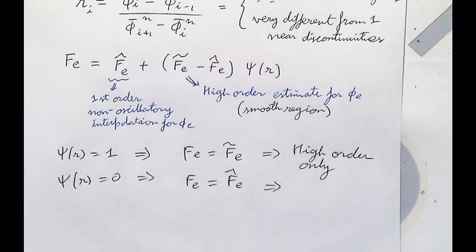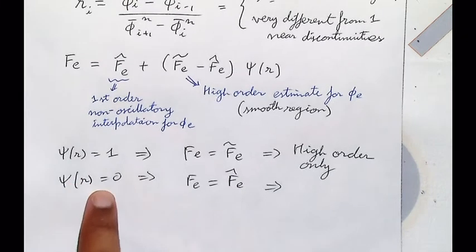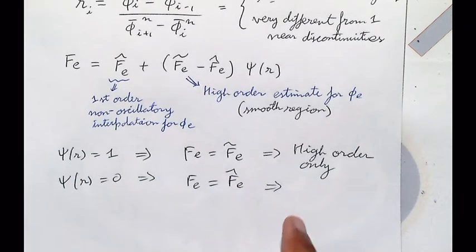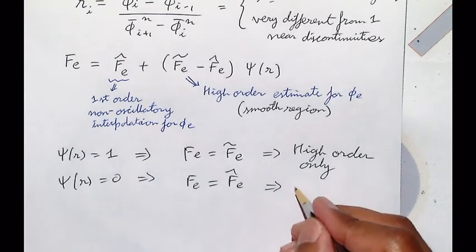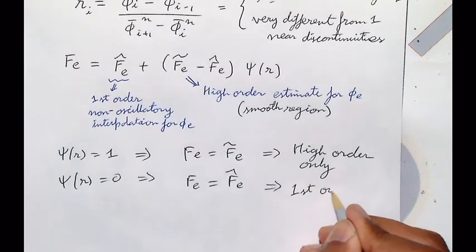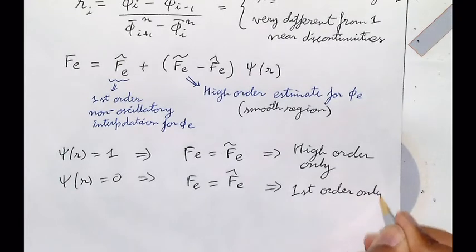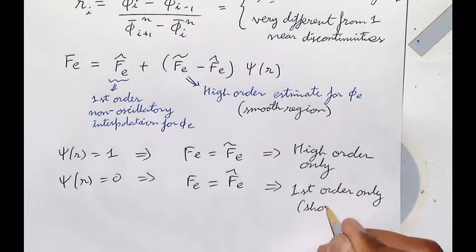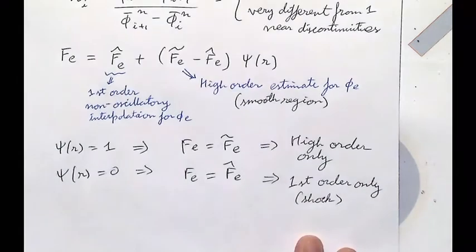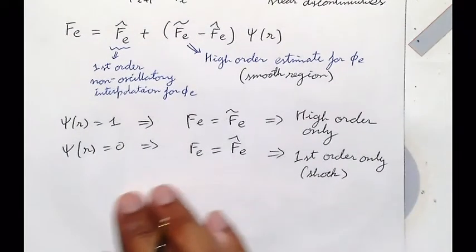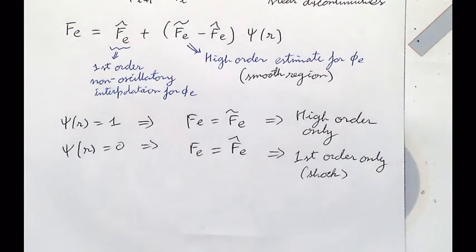Sharp regions, high order not allowed. So if C of R is equal to 0, we are now linear, first order only, and this means we are close to a shock or a discontinuity. Does this make sense?